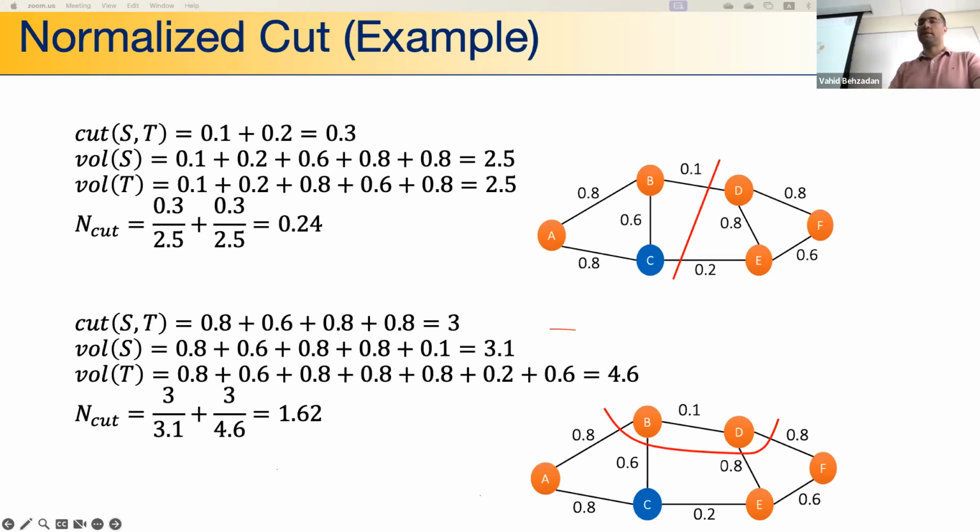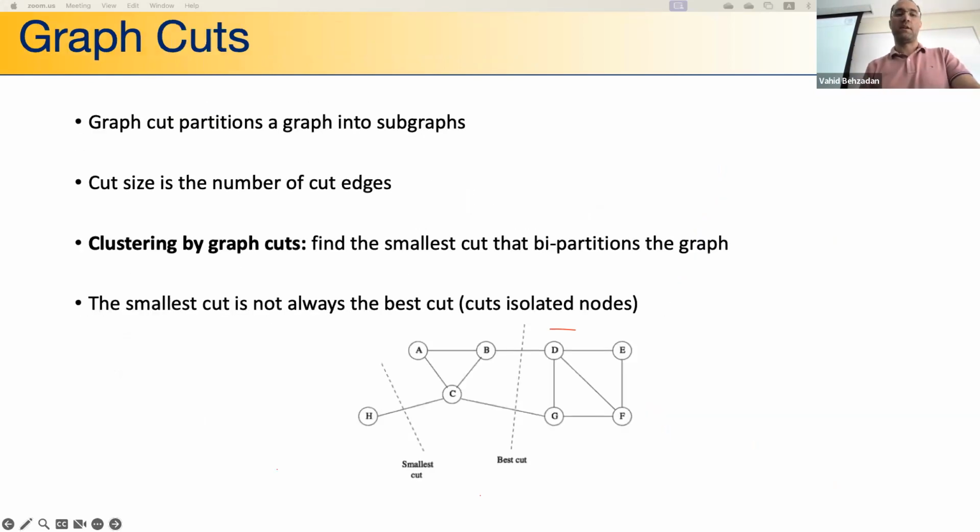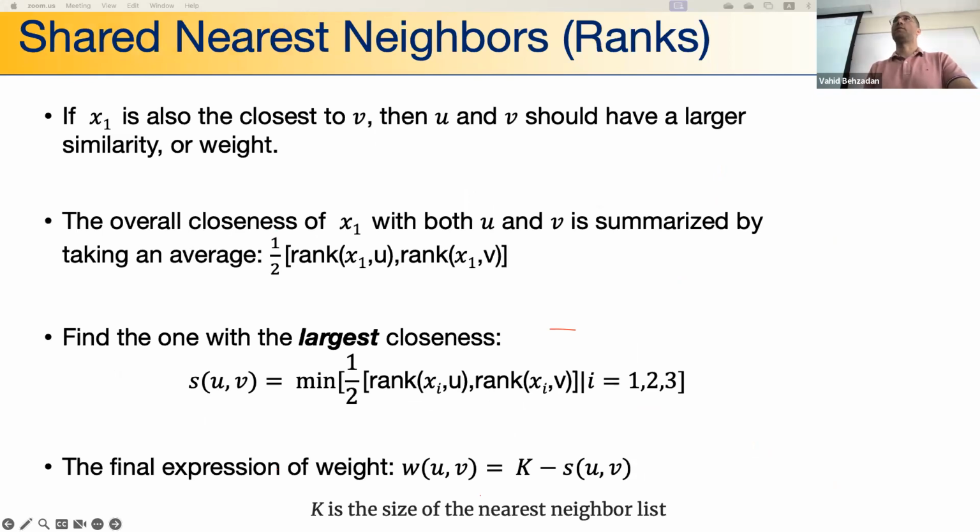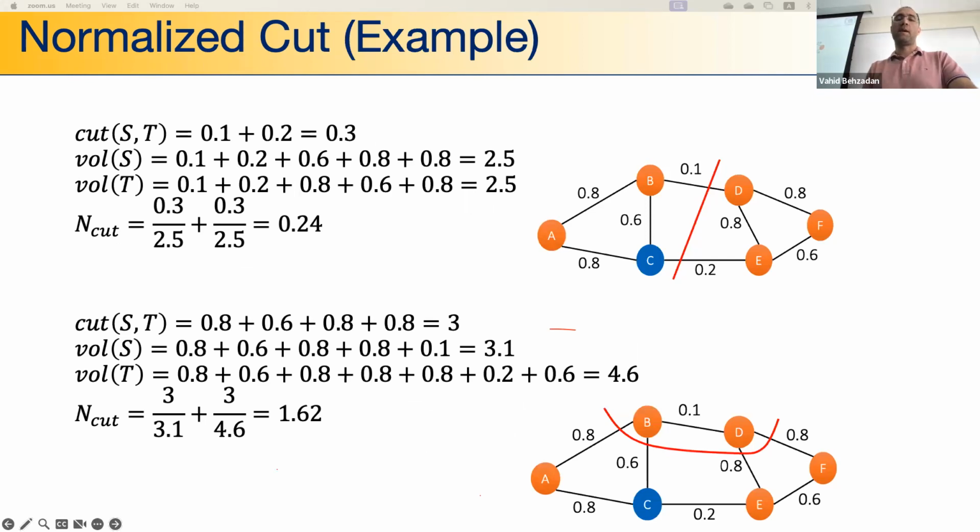That's the weight of the graph. It's calculated using the shared nearest neighbor algorithm. Physically, it means that these two cells are not close to each other. So the shared nearest neighbor assigns a higher weight if the two cells are close to the same group of cells. So if one cell is similar to 3 cells and the other cell is similar to the same 3, that means they are close to each other because their friends are the same.